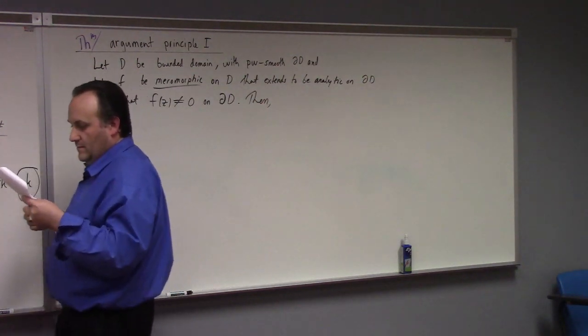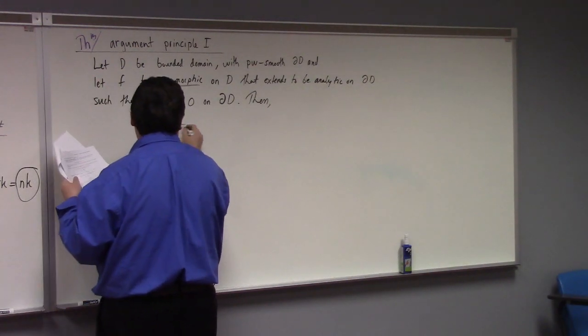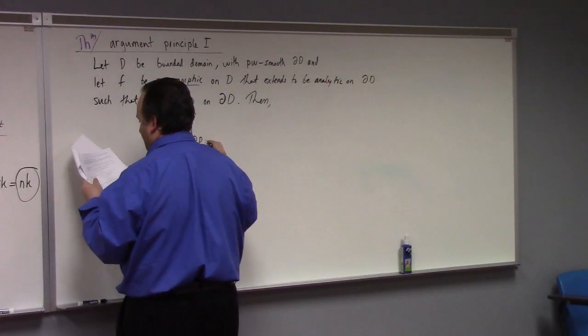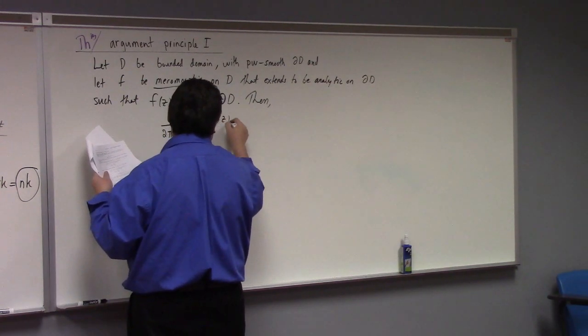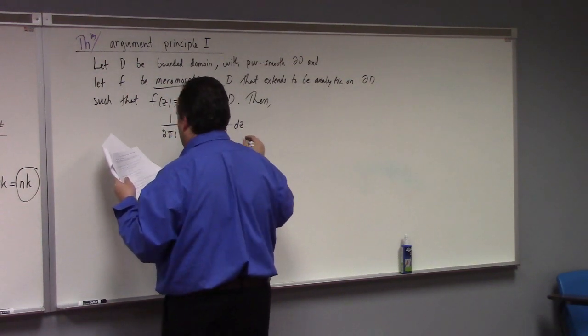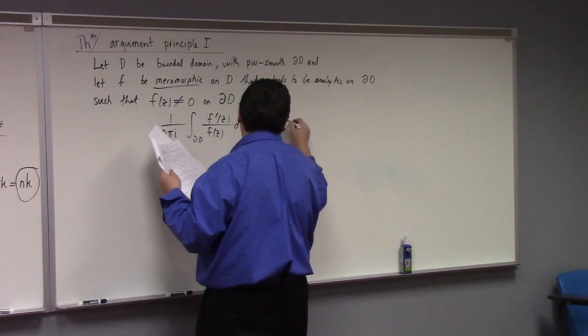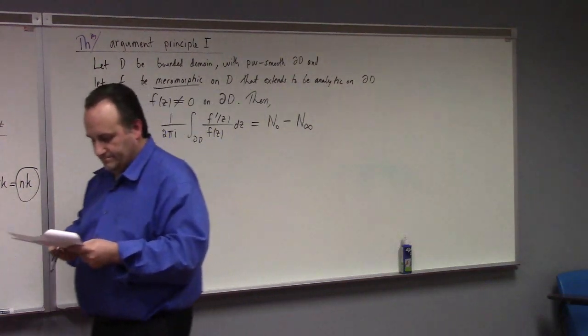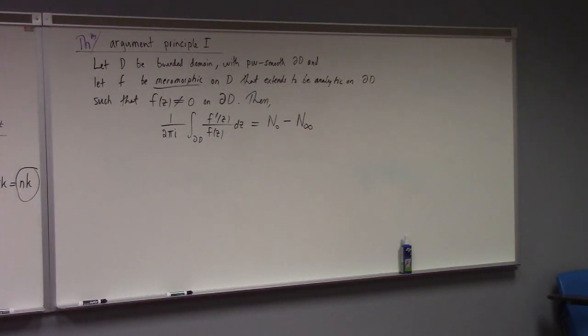Then the logarithmic integral, what's it calculate for us? 1 over 2πi times the integral over the boundary of D of f prime of z over f of z dz is equal to n sub 0 minus n sub infinity. What is n sub 0?